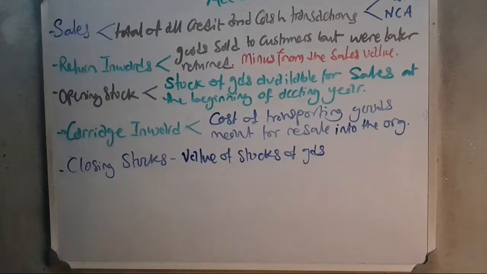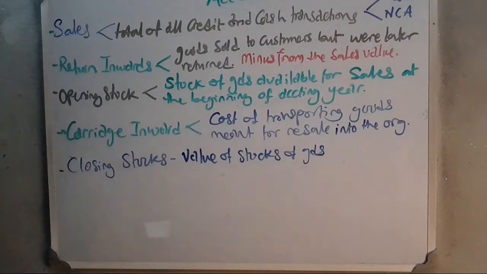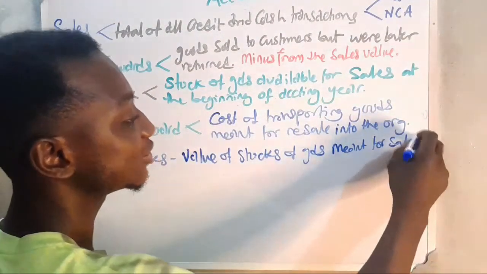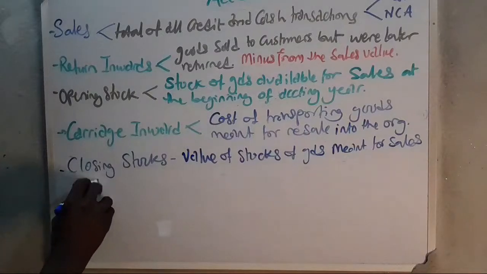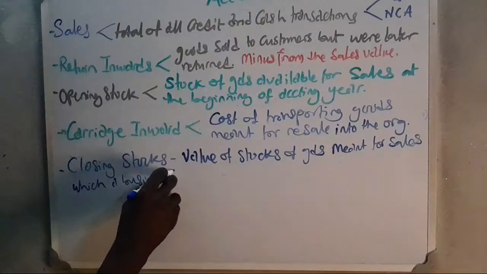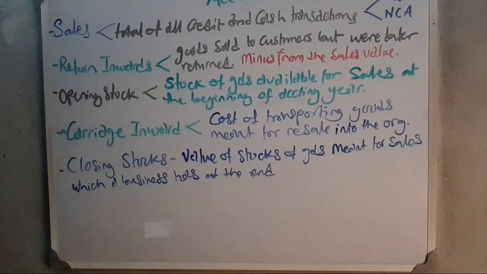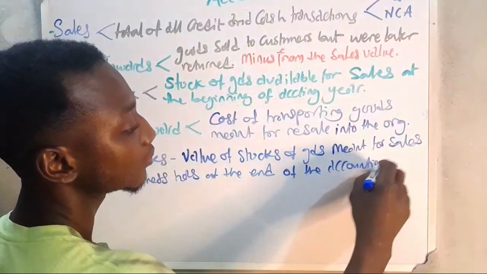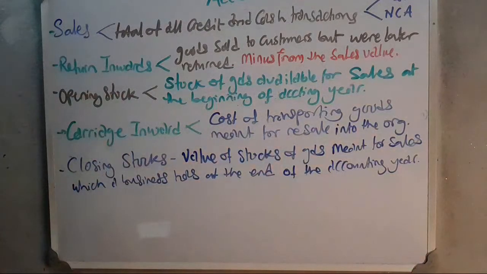Are we together? It is said to be the value of stock of goods that are meant for sales which a business has at the end of the accounting year. Okay, so we have that as that.